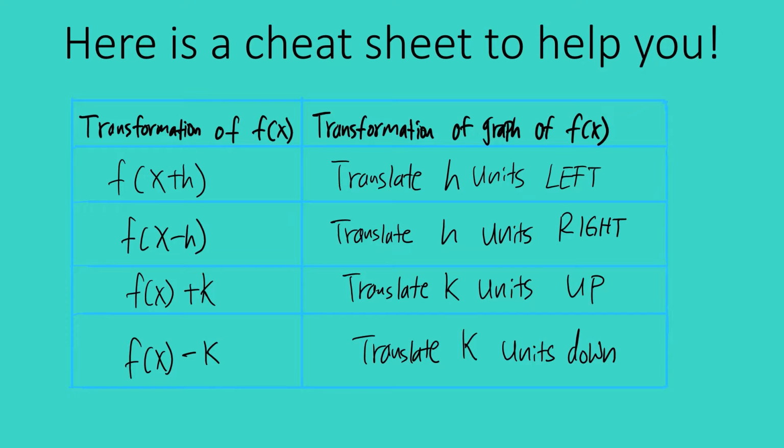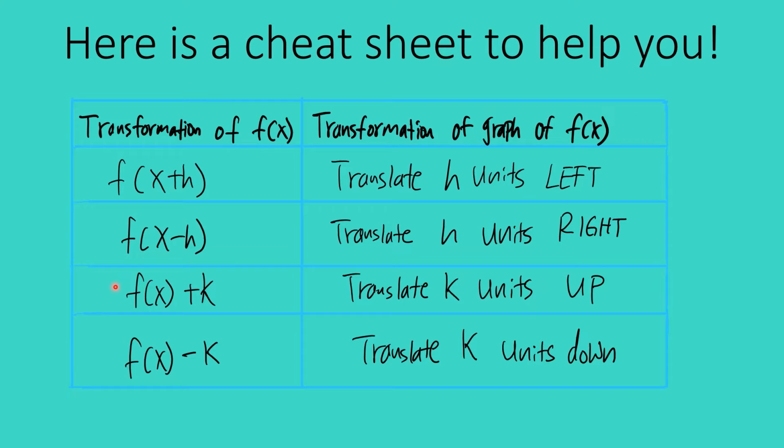Here's a cheat sheet to help you. On the left side, we have transformation of f of x, and on the right side, we have transformation of the graph of f of x. The first one we have is f(x plus h), which means translating h units left. The next one is f(x minus h), which means translating h units right.